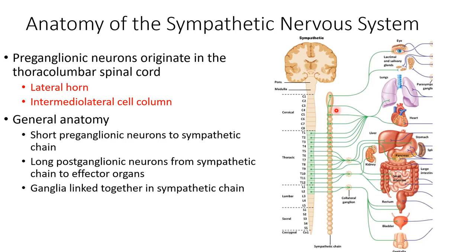If you remove the visceral organs and the peritoneum, it's right next to the spinal cord, and it looks just like what it sounds like. It's like a bunch of pearls on a string, or chain type configuration that's associated with either side of the spinal cord. Okay, so that's the sympathetic chain.